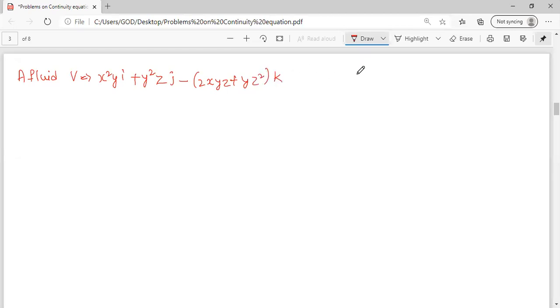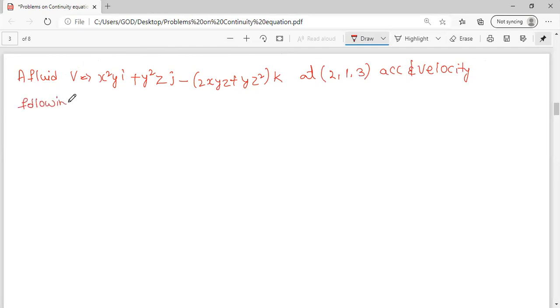For this flow, at a point 2 comma 1 comma 3, it is asking for acceleration and velocity. It is also asking whether this flow follows the continuity equation or not.